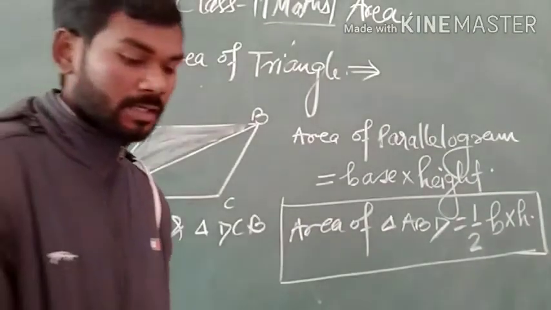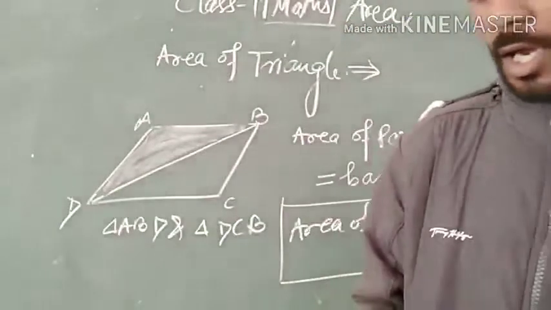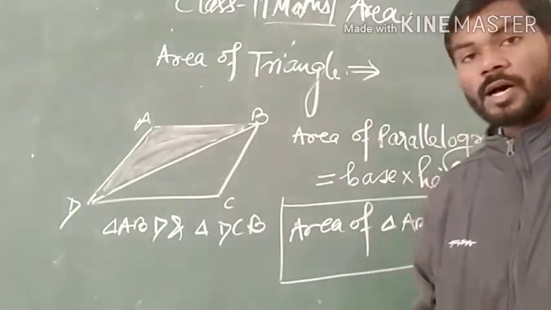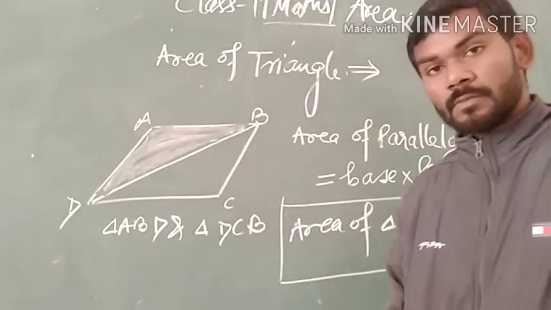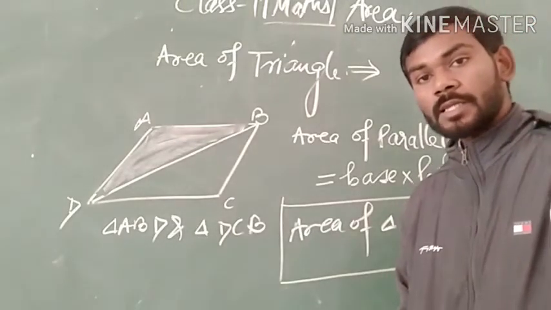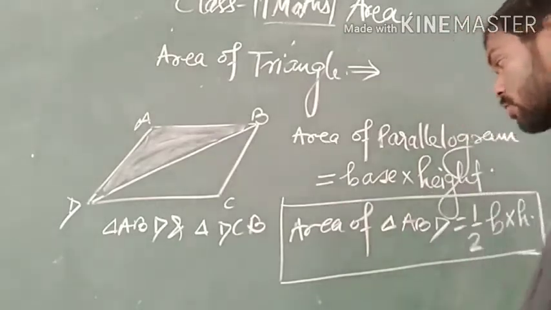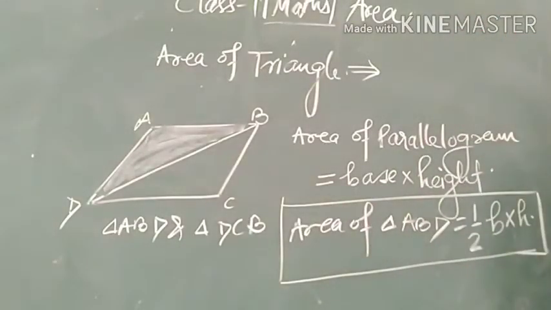I hope that you get the idea how to find the area of a triangle formed by drawing the diagonal in the parallelogram. So the area of triangle ABD is equal to half of the area of the parallelogram. Now let's start some questions which are based on the same topic.